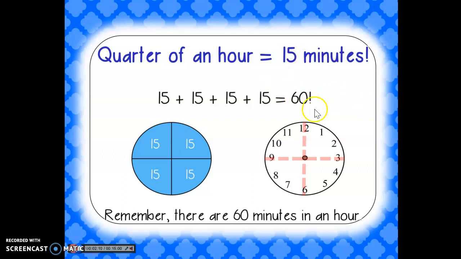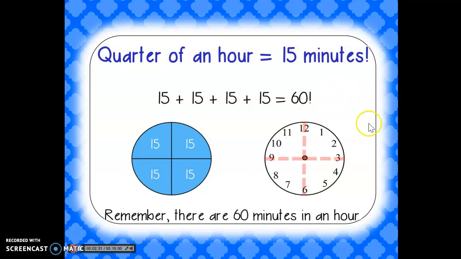So remember, we talked about this last week, that each number when you're going around the clock is worth 5 minutes. And if you count by fives all the way around the clock to get back up to the 12, you get 60 minutes because there are 60 minutes in an hour.